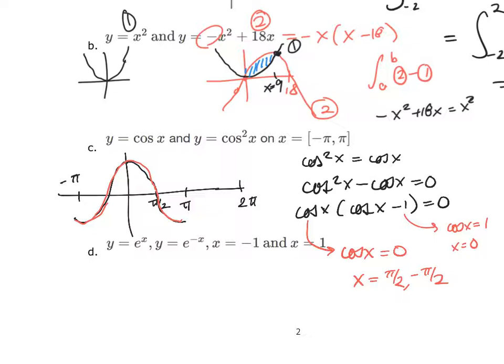So there are 3 places in which this graph will either touch or cross: at negative pi halves, so right here, at pi halves, so right here, and at 0, so right there. So there are 3 different places in which these 2 graphs will either cross or be equal to each other.